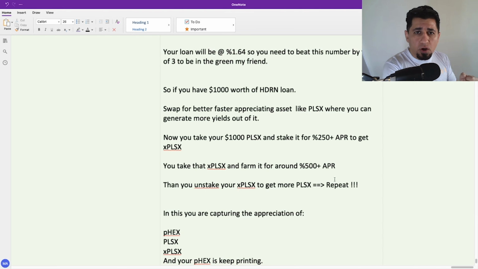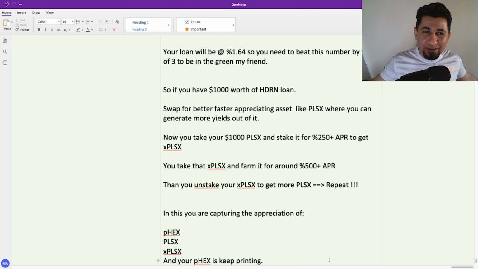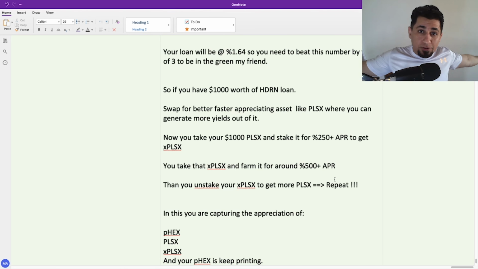You're capturing all the appreciation of these assets. And not only that, your HEX stake keeps inflating. Why? Because HEX is inflationary. We all know that, right? You're welcome.